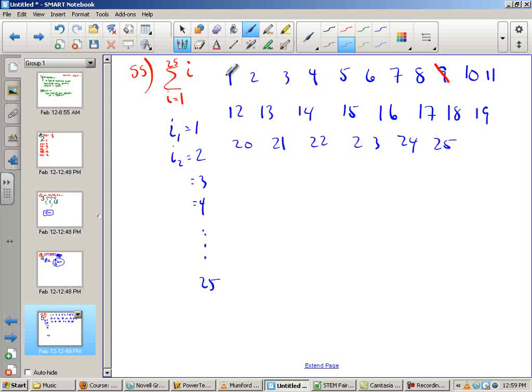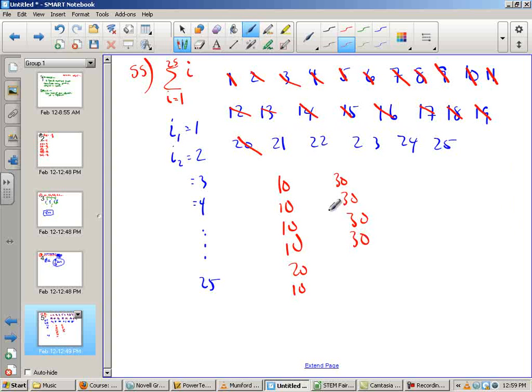For instance, 9 and 1, that's 10. 2 and 8, that's 10. 3 and 7, that's 10. 4 and 6, that's 10. 5 and 15, that's 20. 11 and 19, that's 30. 12 and 18 is another 30. 13 and 17 is another 30. And 14 and 16 is another 30.